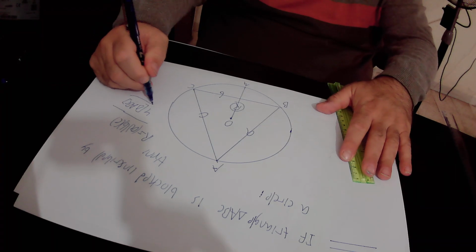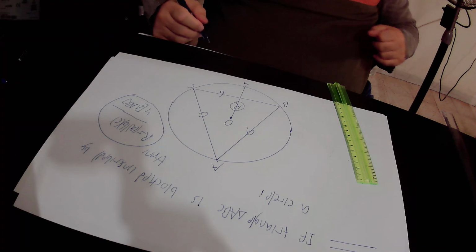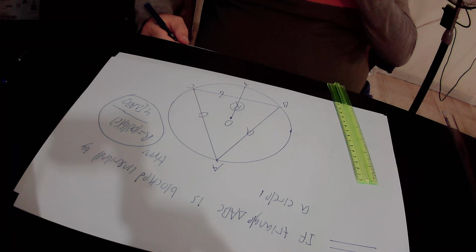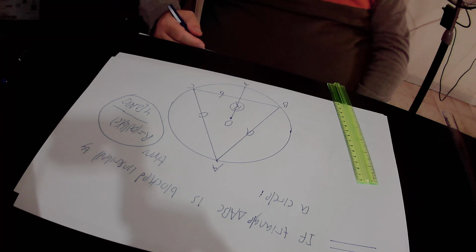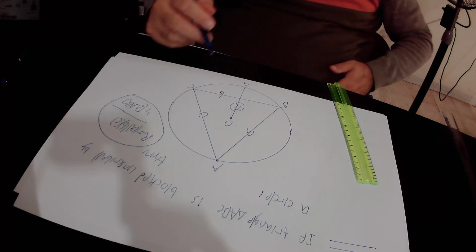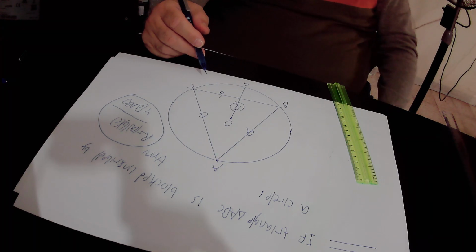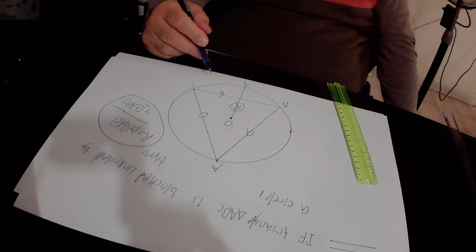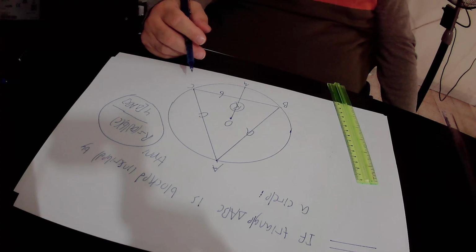So whenever you have a triangle that is blocked or inscribed by a circle, we can find out the radius of the circle that blocks the triangle by using this formula. So if we know the side lengths of the triangle that is blocked by the circle, we can find out also the radius of the circle that blocks the triangle.